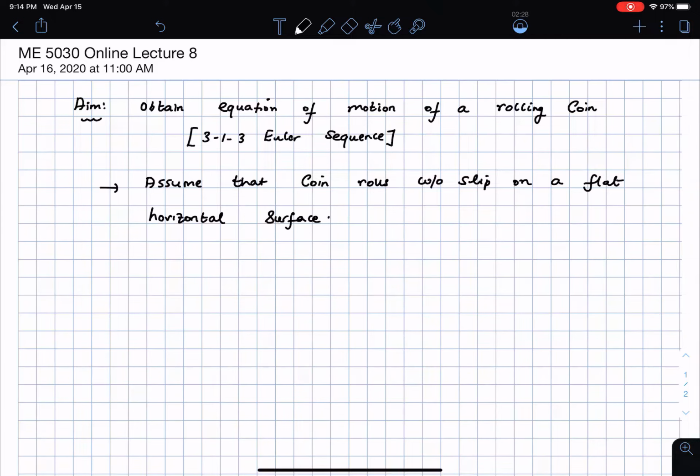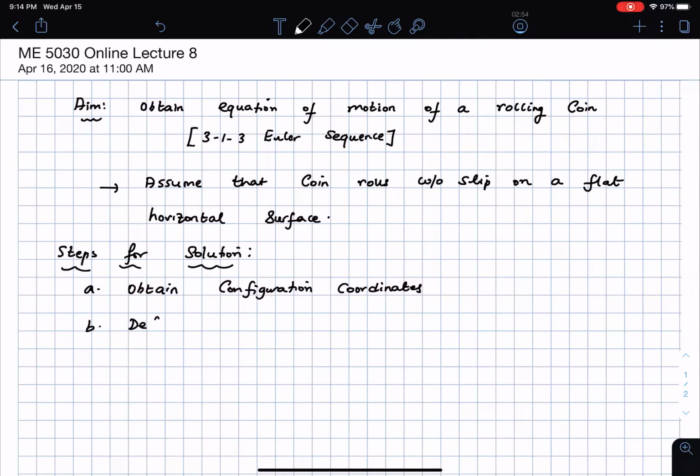So the steps for solution are the following. The first step is to obtain the configuration coordinates. Then we define the Euler sequence, and based on this Euler sequence we will obtain the transformation equations from one coordinate system to the other.